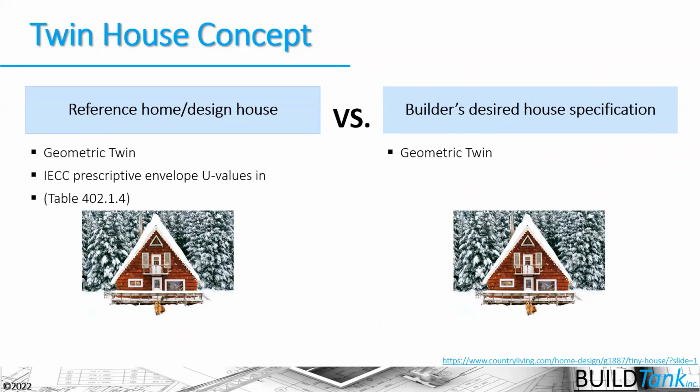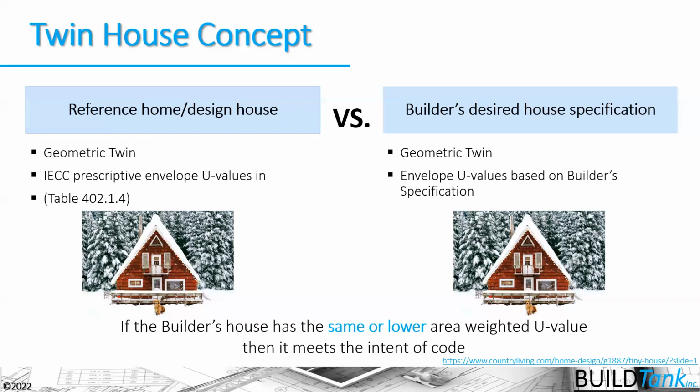The reference home is overlaid with maybe the prescriptive U values or R values that are coming out of that table. The builder might say, I don't want to put R60 attic insulation in my attic. I want to put R30 in my attic and R20 in my walls, and I don't want to do slab edge insulation.